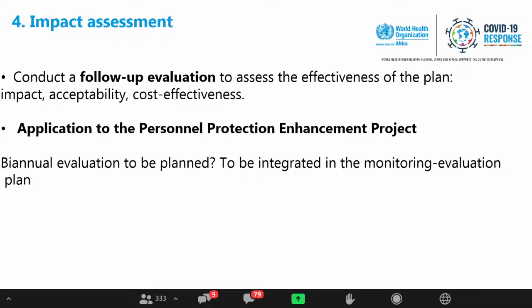How to apply this recommendation to the protection of health workers? It is recommended to have a biannual evaluation of the action plan.